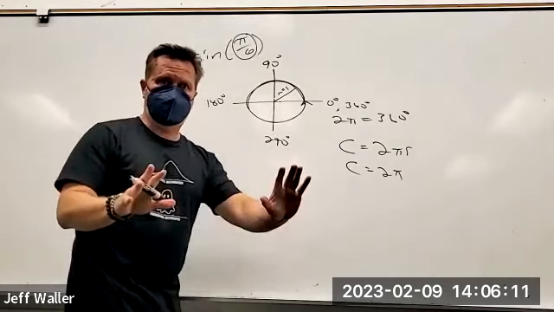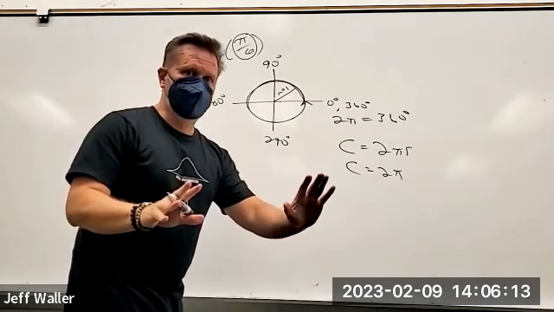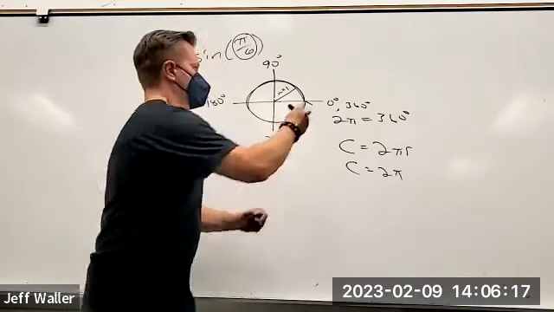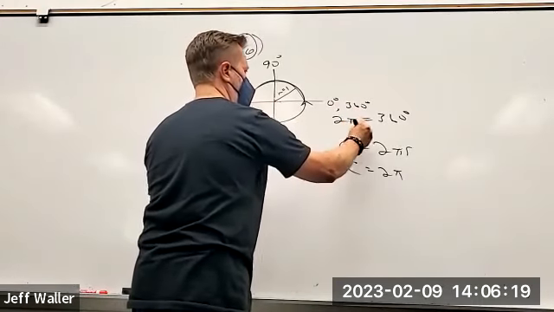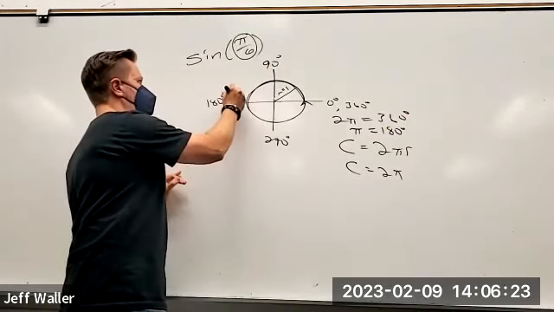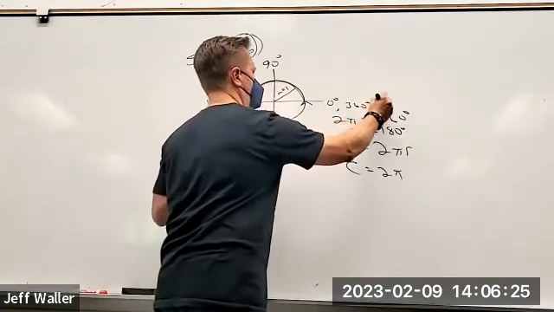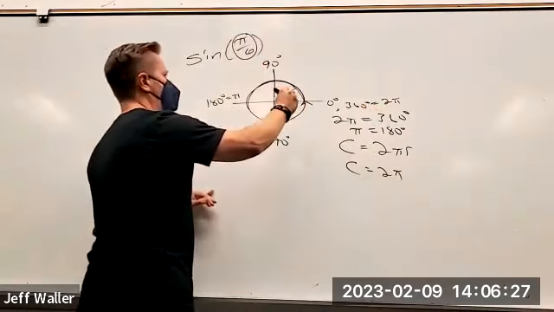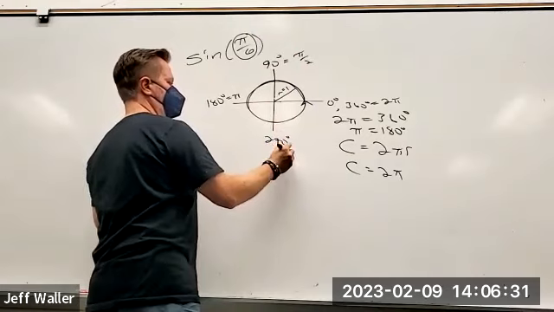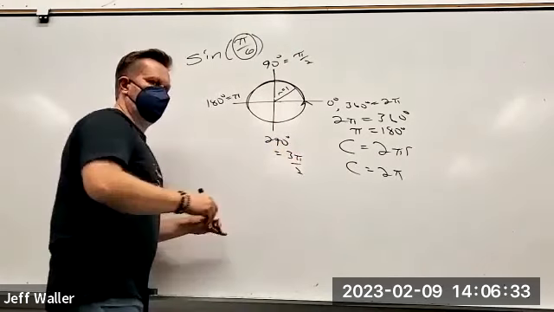So if I divide by 2, pi is the same thing as 180 degrees. So this is pi. 360 is 2 pi radians. Like somebody said, 90 would be half of a pi. 270 would be 3/2 of a pi.